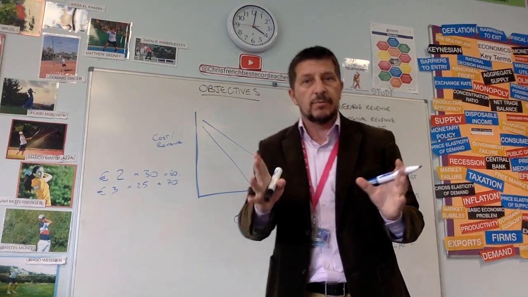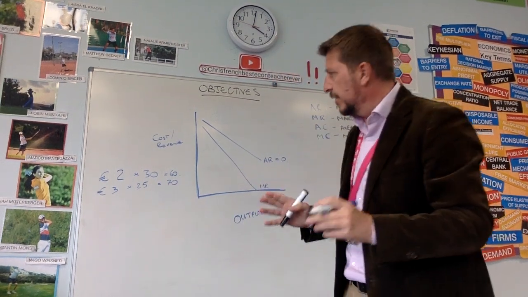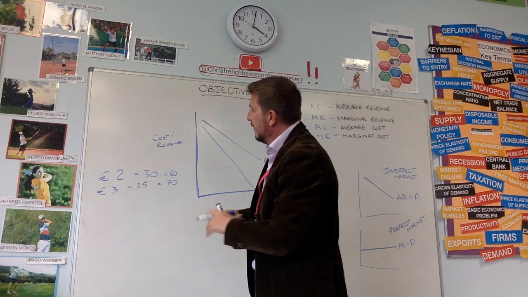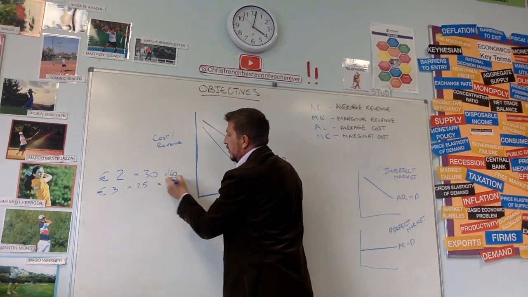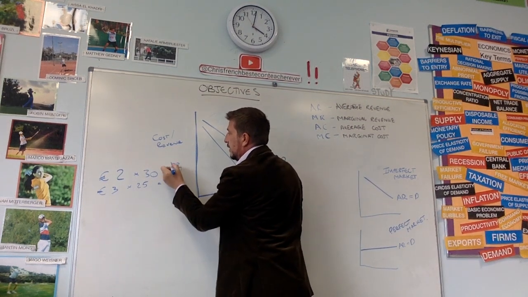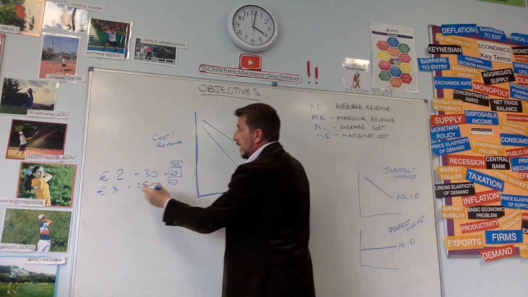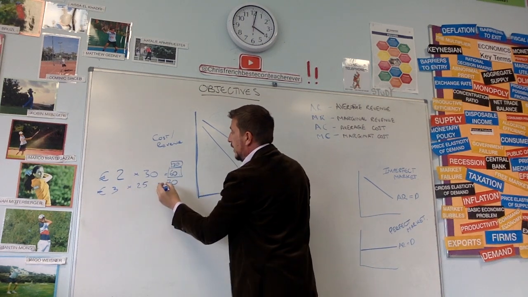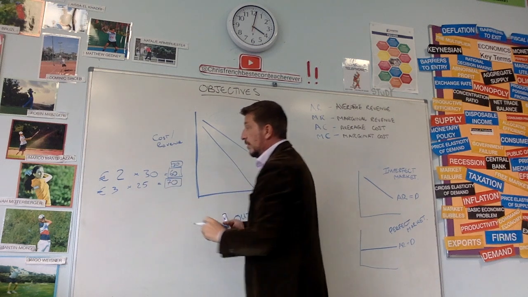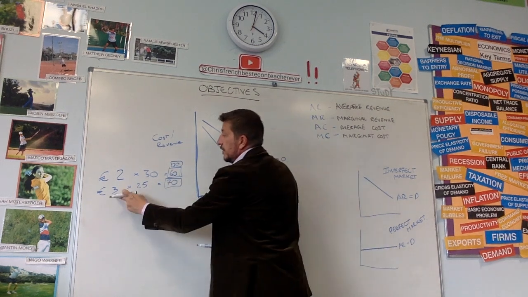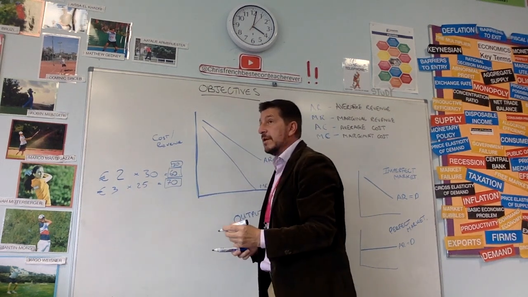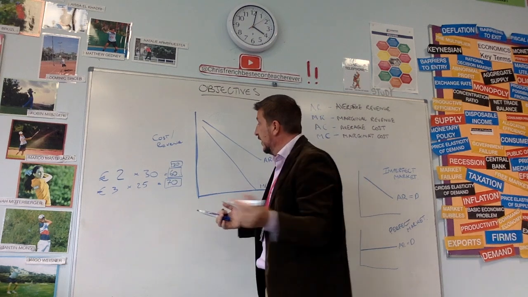So let's just think about that. What's the difference there? Our average revenue is 30. Here, our average revenue has changed. We know it's fallen, hasn't it? Because 70 divided by 3 would give us, what's 70 divided by 3?